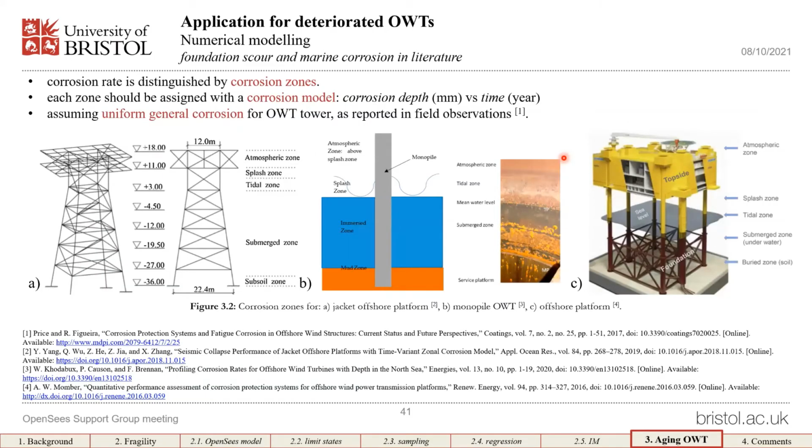On the other hand, corrosion was modeled as a uniform reduction of wall thickness. The rate of this wall thickness reduction was considered by corrosion models, which is the relationship between corrosion depth versus time. And different corrosion models need to be assigned for different corrosion zones. So basically, these are different areas of the marine structure depending on the elevation, as illustrated in these figures.